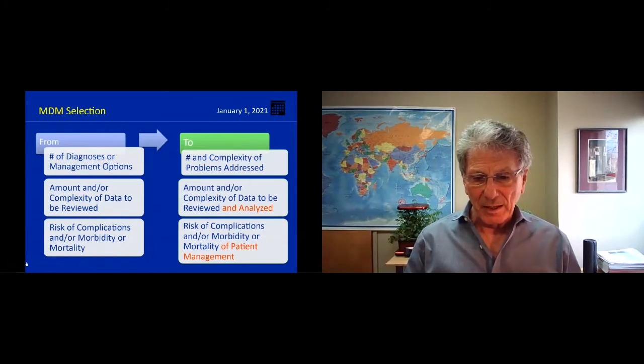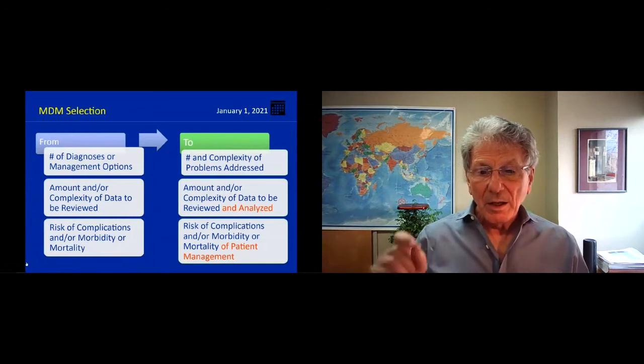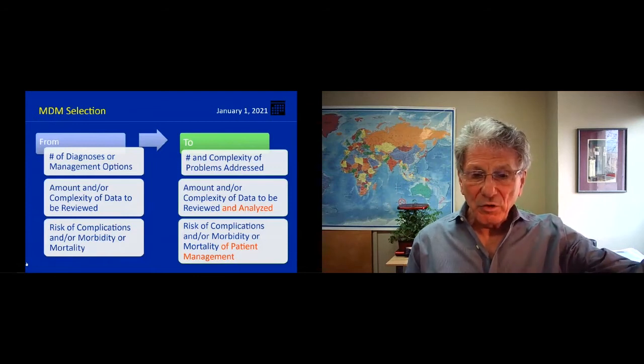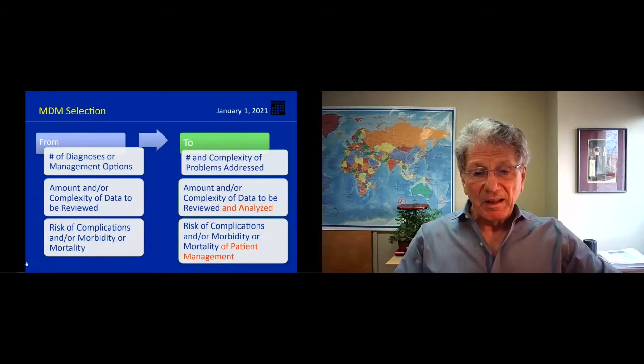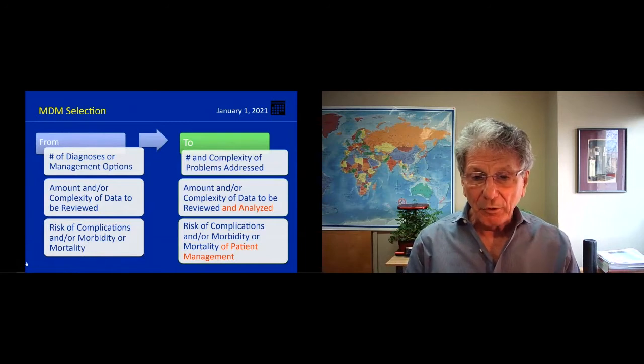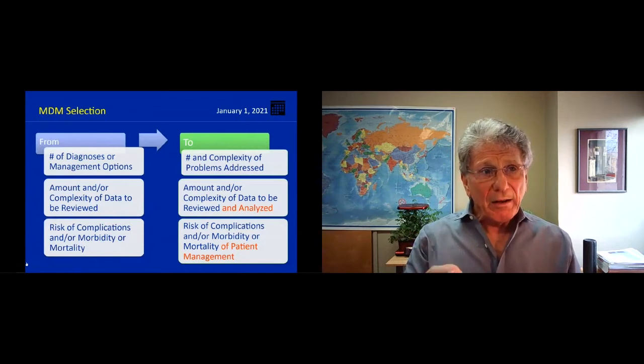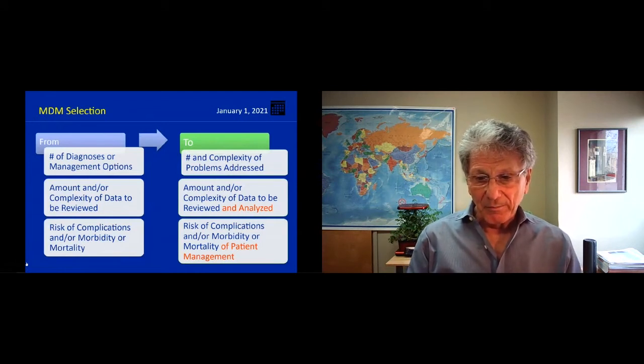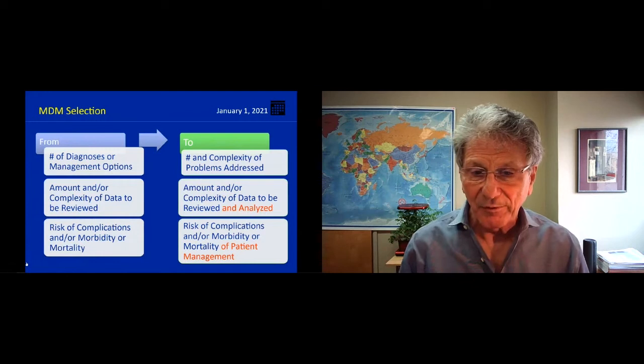The three so-called elements of medical decision-making are, number one, how many problems does the person have on their problem list and how complex are they? Number two is how much data, like laboratory results, did you have to review and analyze? And number three is how sick is this patient relative to the risk of complications as a result of the way that you manage the patient. So we'll go through some examples of all three of those.